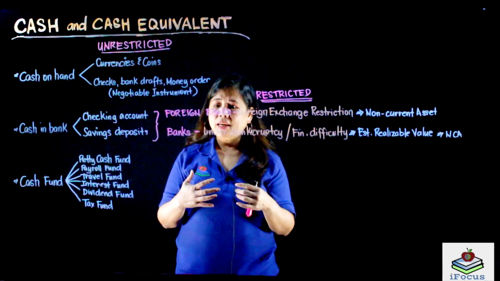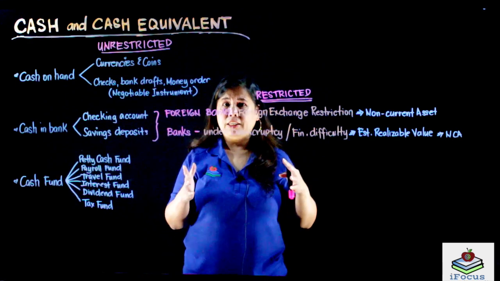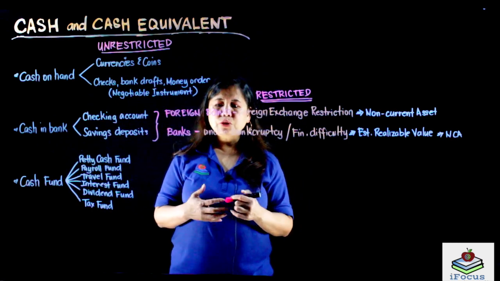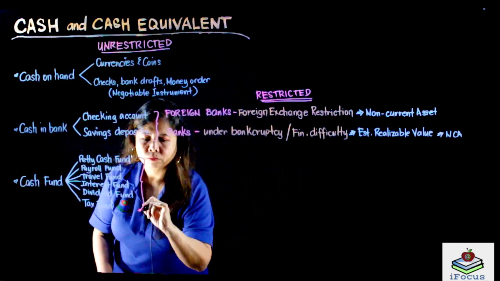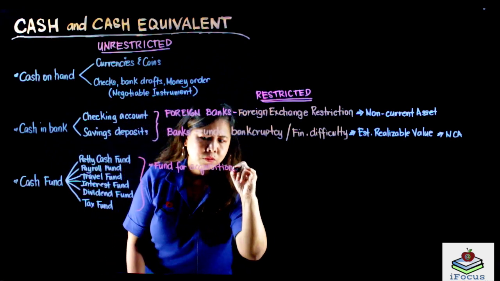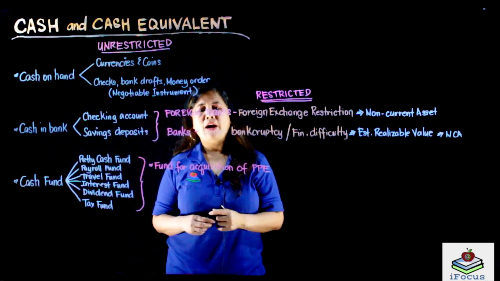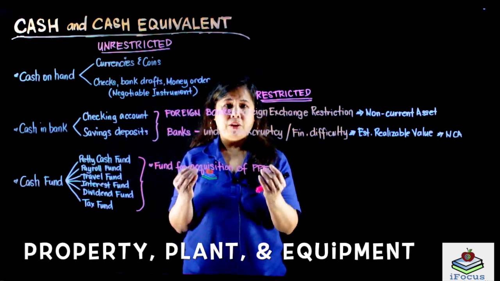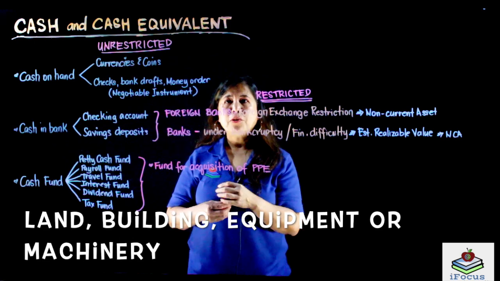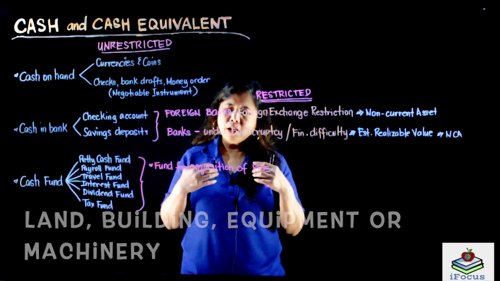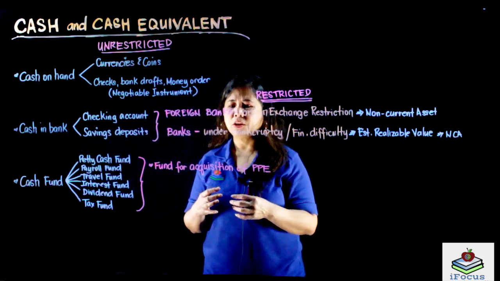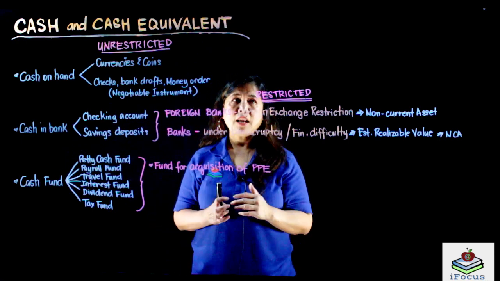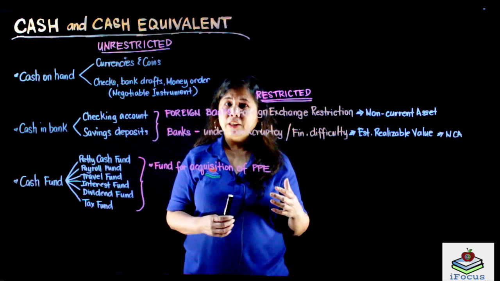Kapag ito ay intended for a non-current asset, let's say for example, a fund for acquisitions of PPE, such as a land or an equipment or machinery, then this is classified as non-current asset.